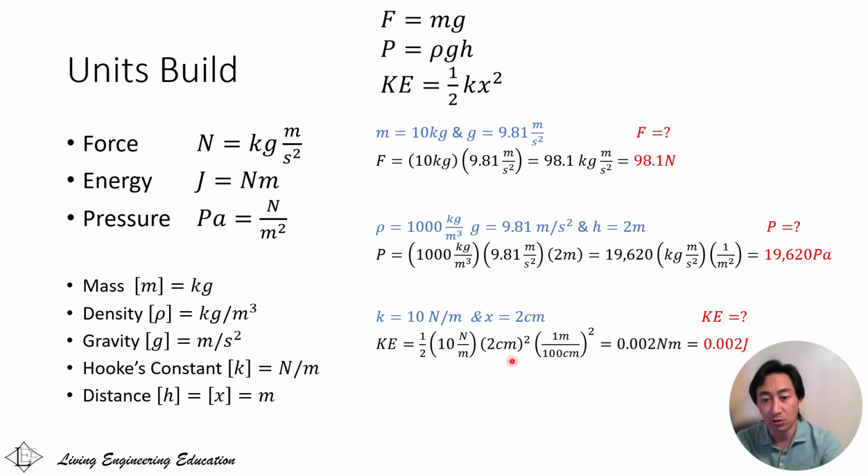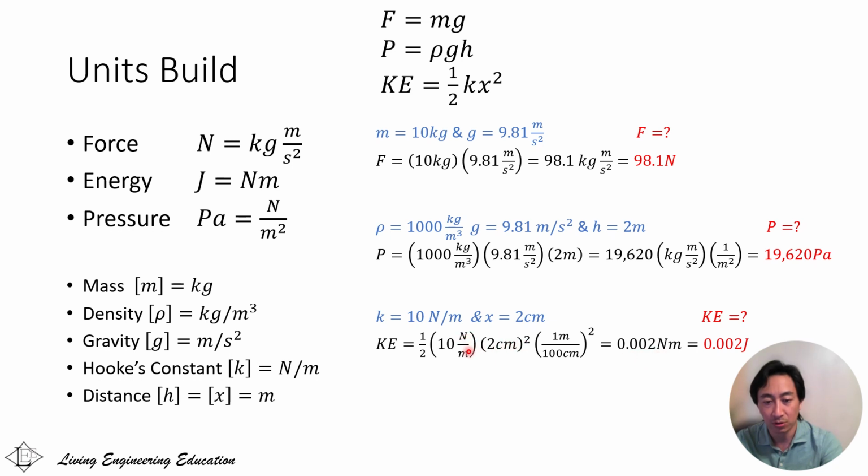Because it's centimeters squared, and I'd like to keep things in meters, I would need to convert centimeters to meters. I get 1 meter over 100 centimeters, quantity squared. Quantity squared because the centimeter term will be squared. So I get 1/2 times 10 times 2 times 2 divided by 100. We get 0.002 Newton meters.